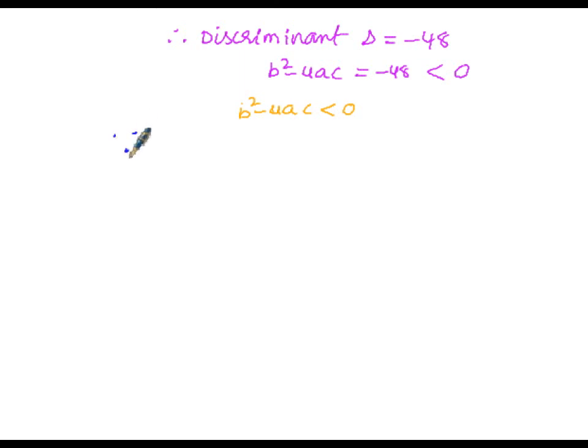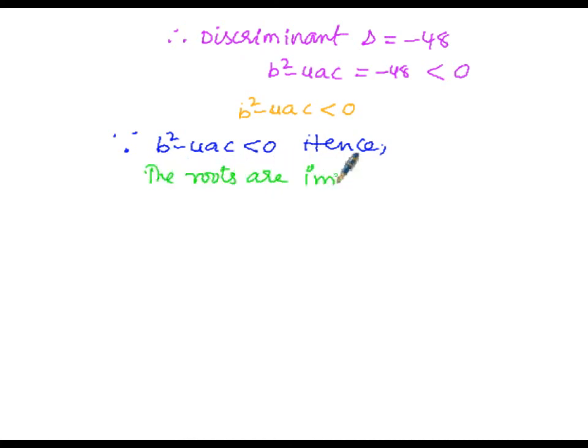Since b square minus 4ac is less than 0, hence the roots are imaginary, or in other words they are called complex roots.